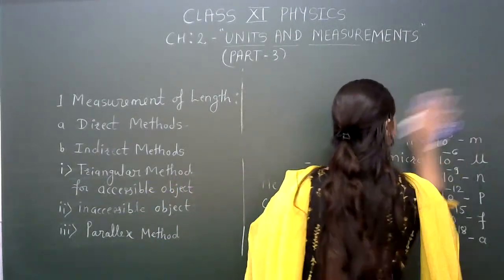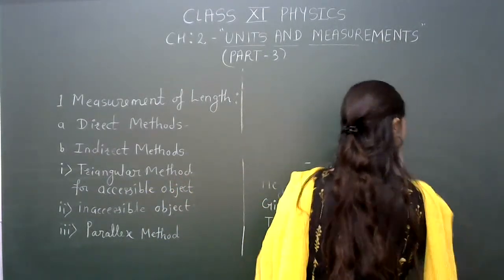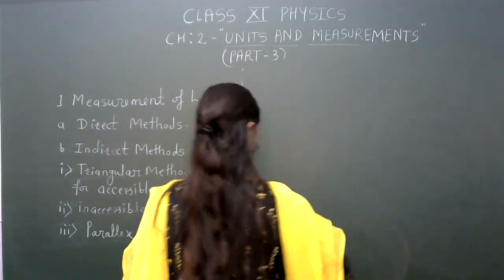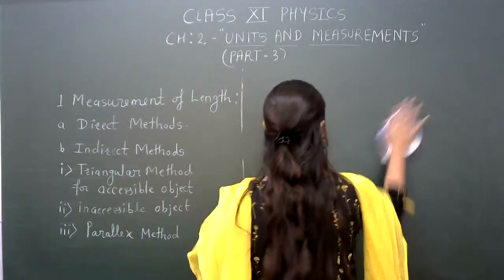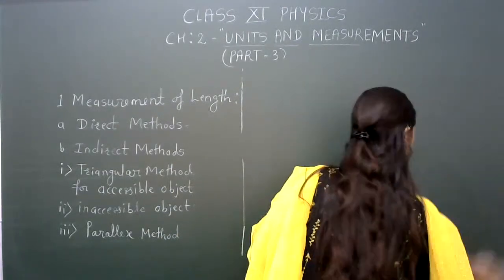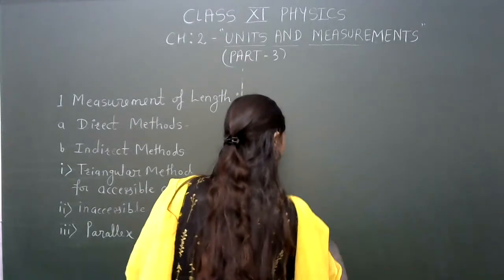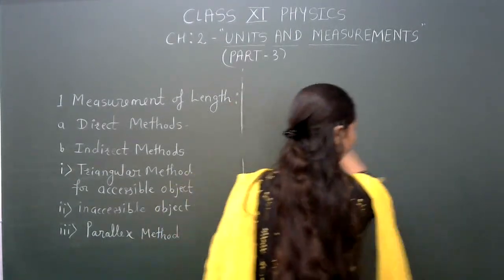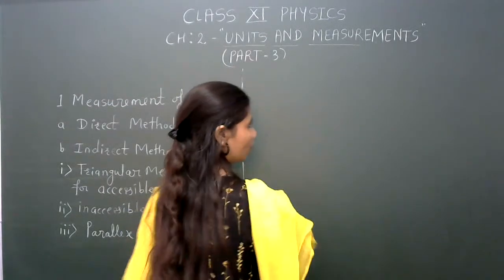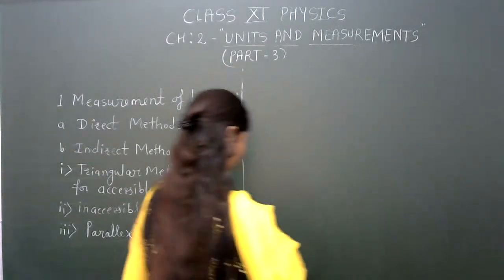for accessible objects. This triangular method for accessible objects is helpful to measure the height of a tree, tower, or any electrical pole which is on a plain ground surface, right?